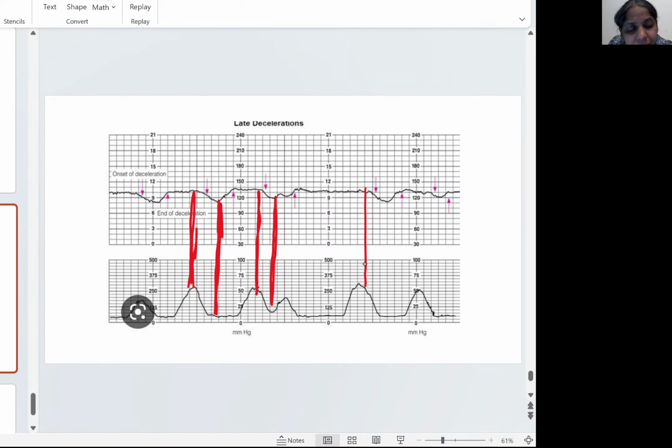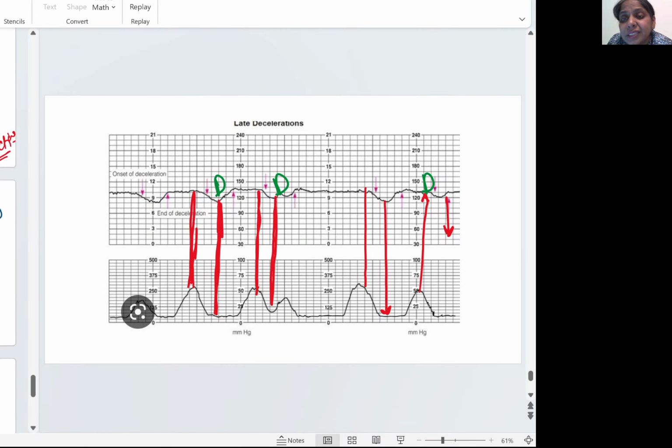So if the deceleration is after the contraction, it is known as late deceleration.